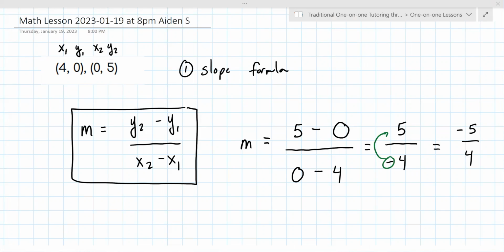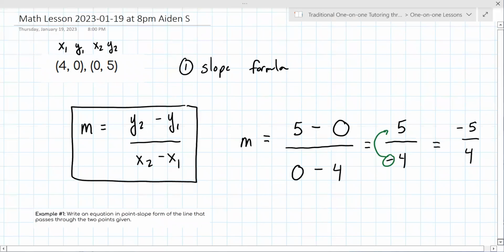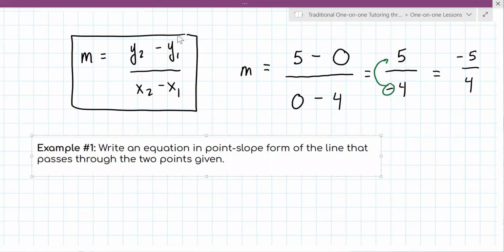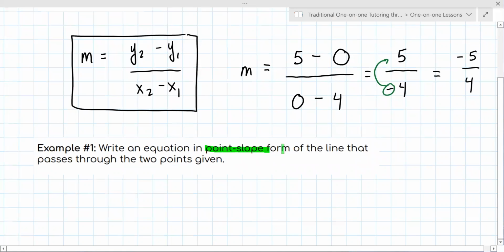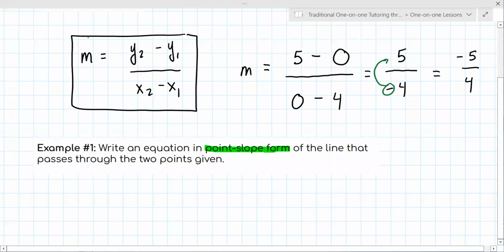All right, now I'm going to snip in the instructions because we have enough to do most of the rest of the problem. The instructions say to write an equation in point slope form. Any idea what that means? It's point and then slope.